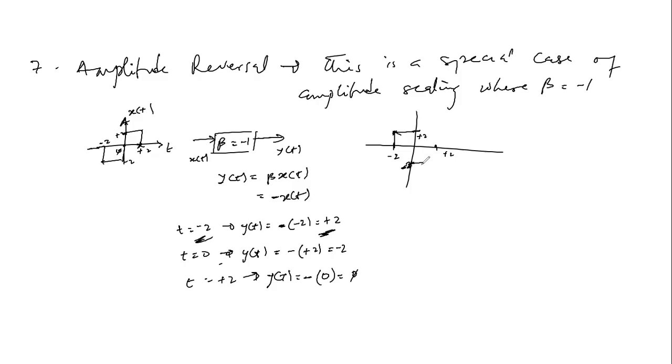So then we have the signal come like this. You can see here, this is y of t, this is t. The signal is seen to have folded about the time axis.